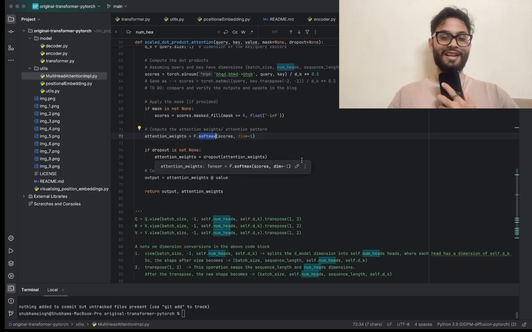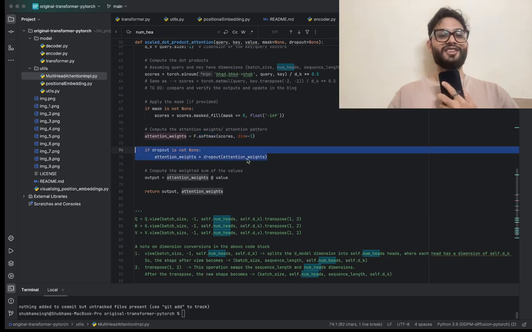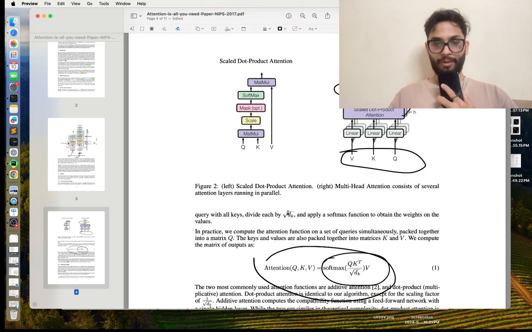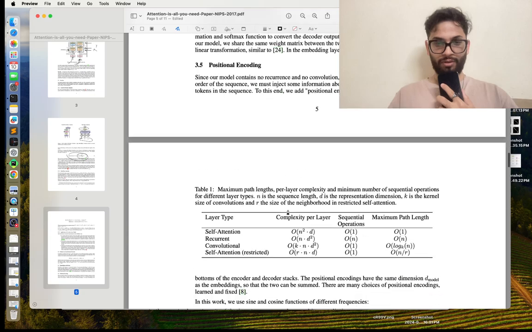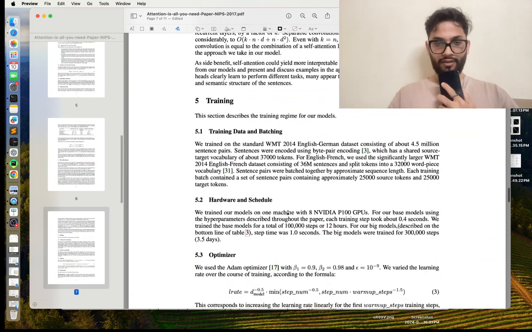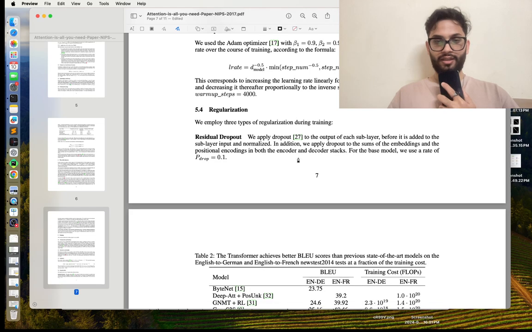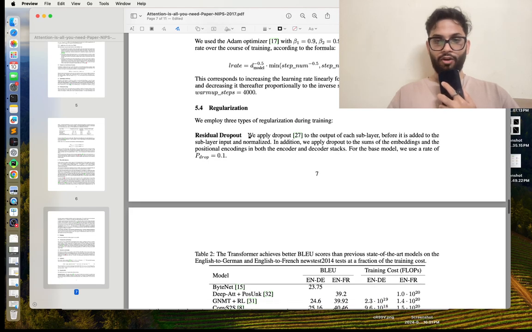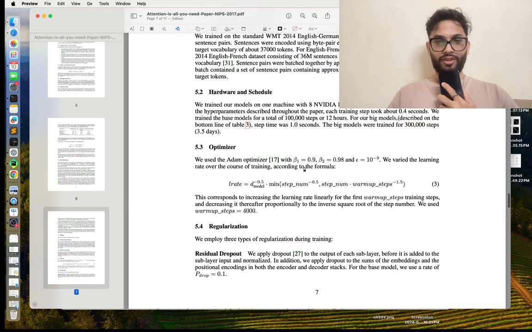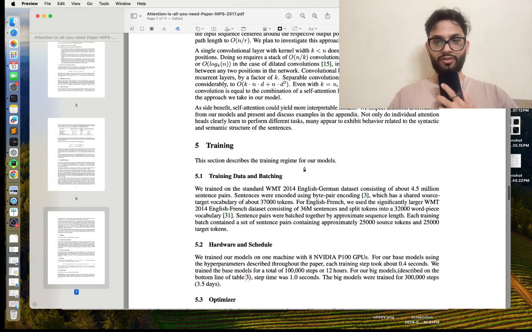Sorry, one more detail. We'll add dropout as well, for regularization. Let's see what the paper says in the regularization section. They're saying we apply dropout to the output of each sublayer, and to the sums of embeddings. They have also written somewhere that within attention they apply dropout.